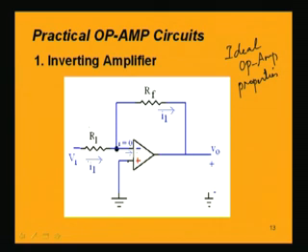So, where will it go? It will be following this path through RF. That means, the current coming from V1 will flow through the path RF and will not enter into the op amp. So, if this is so, now we can very easily apply the Kirchhoff's voltage law and find out what is V0. So, that is what we are going to do.